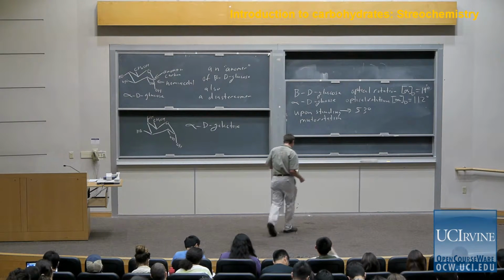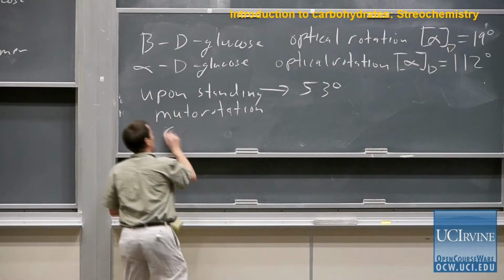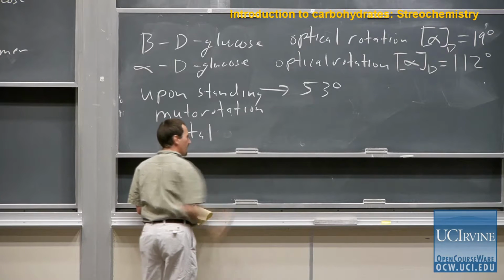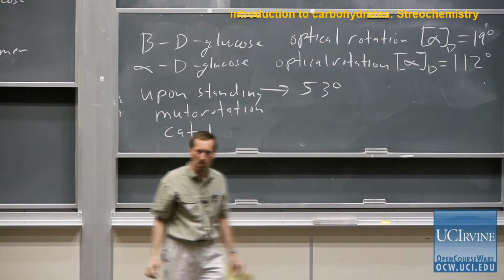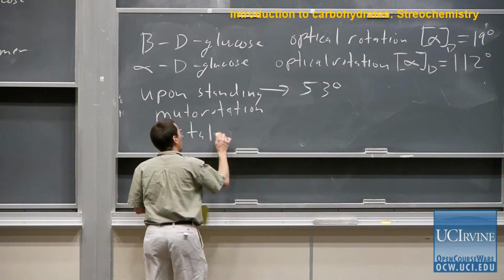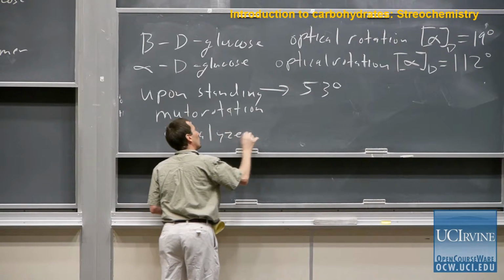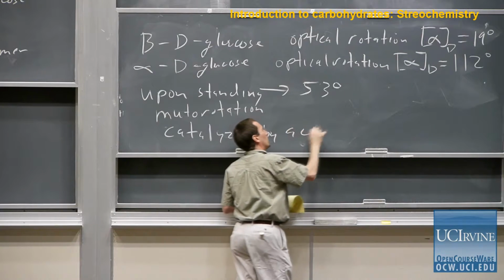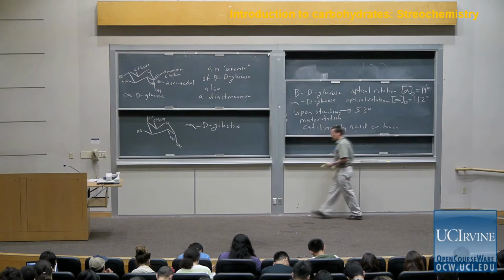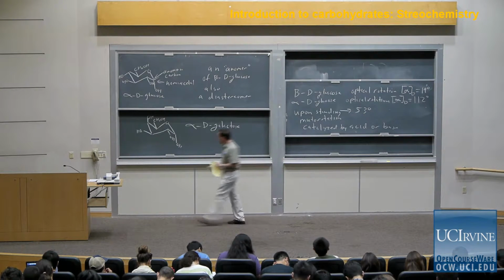And it's going to be catalyzed by a little bit of acid or base, but as I said, even neutral water has acid and base in it: 10 to the negative 7th molar hydroxide, 10 to the negative 7th molar hydronium ion. So in other words, the catalyst would just speed up the process.